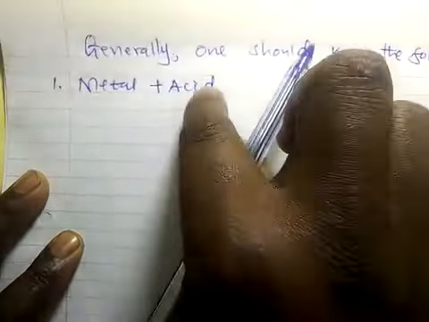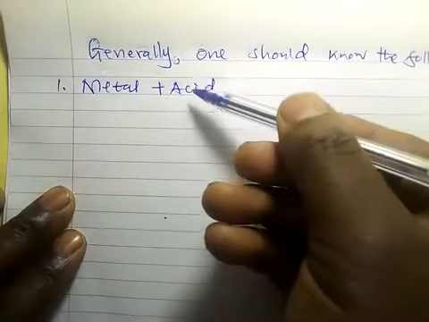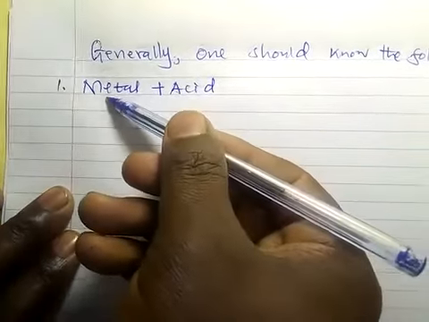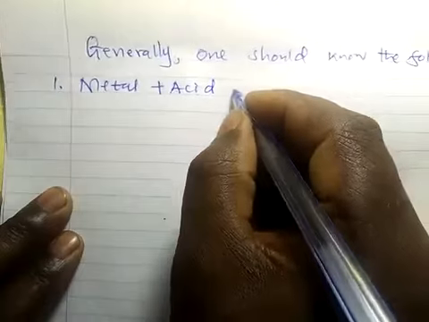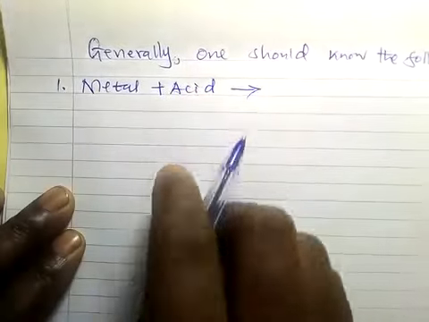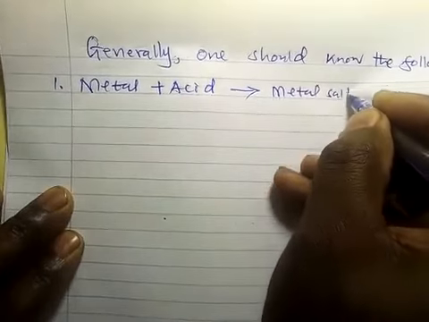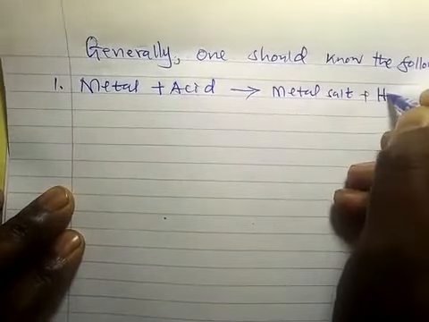So for now, you should know that a metal, generally, plus an acid. You should know the names of the acids. We have hydrochloric acid, nitric acid, sulfuric acid. So when a metal reacts with an acid, what do they form? You should know that a metal plus an acid, the answer is the metal salt plus hydrogen gas.